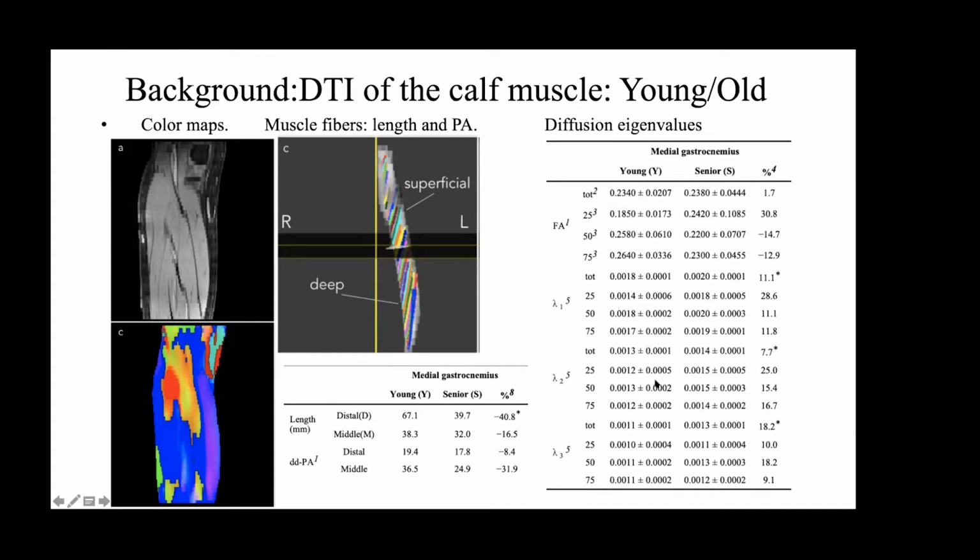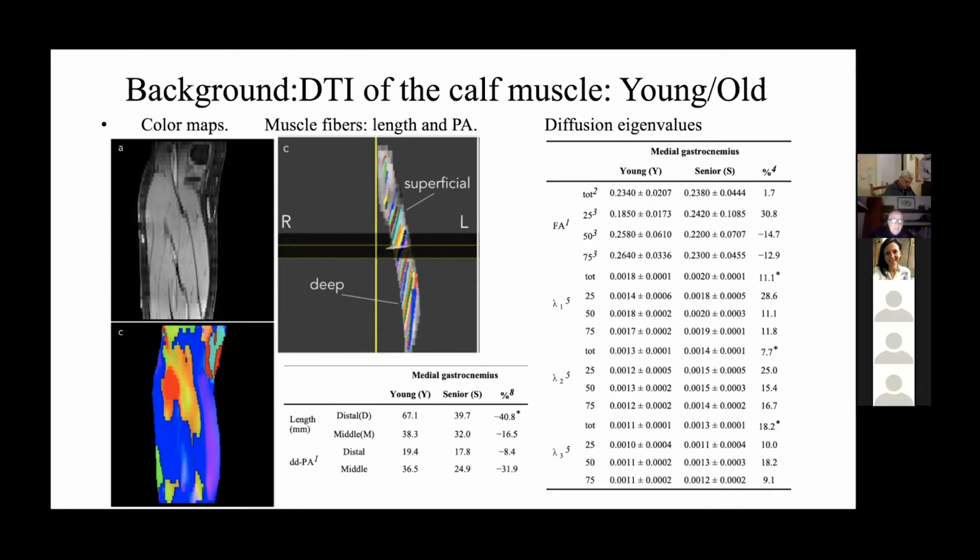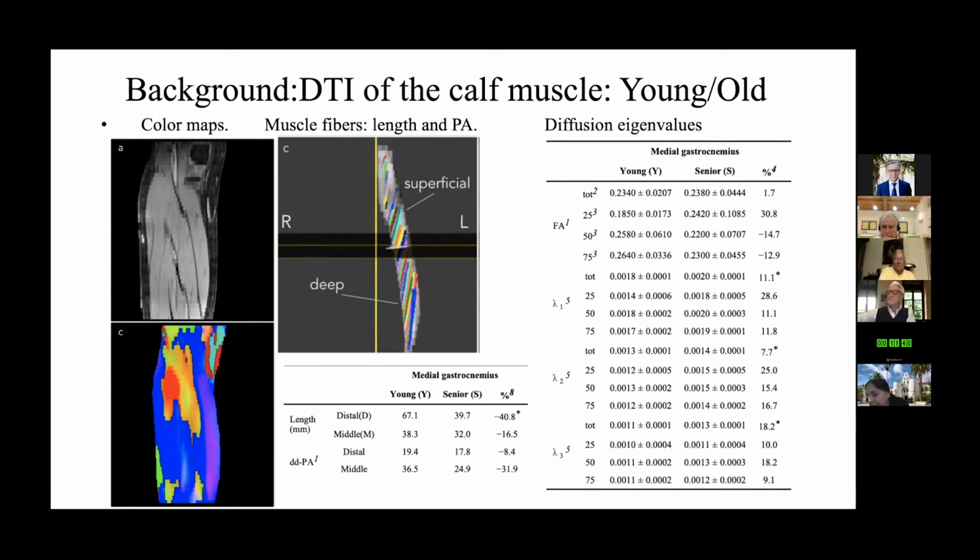And when we looked at the diffusion eigenvalues, we found that there were small and subtle changes, and not changes exactly like we anticipated, because we thought the fibers would atrophy and the third diffusion value should be much reduced, but we found them all increased.